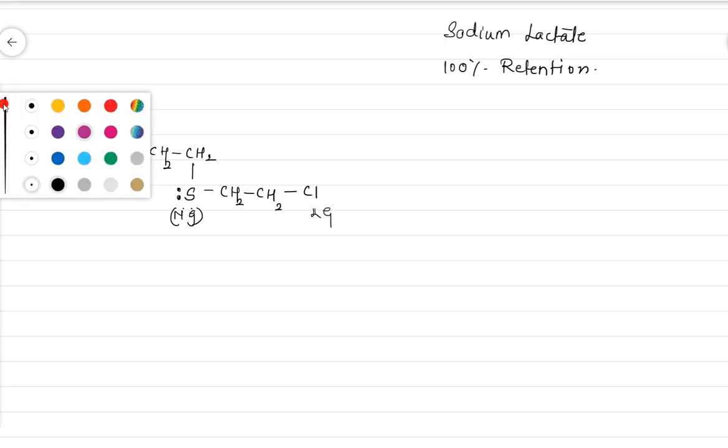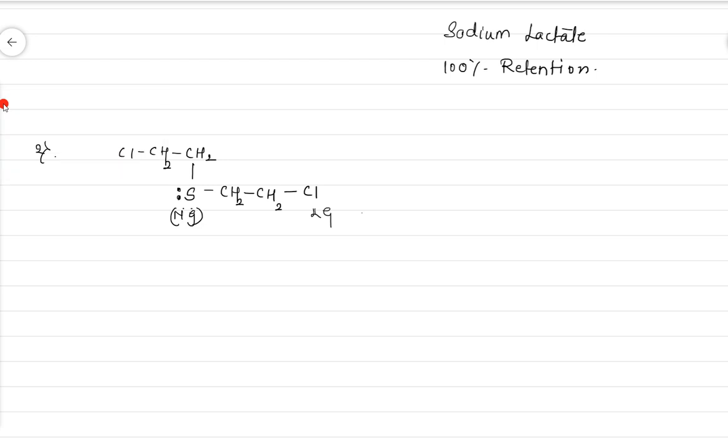Before going ahead, try to figure out where and how the attack will take place. Remember, the neighboring group has a lone pair of electrons, so it is a better nucleophile. This sulfur will attack this carbon, and the leaving group will leave as Cl minus.